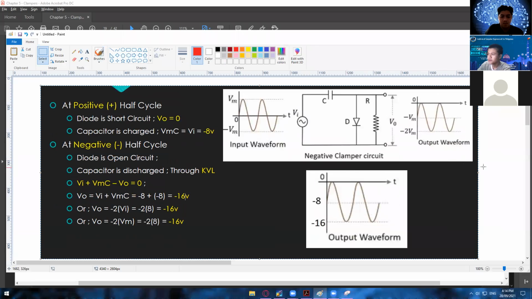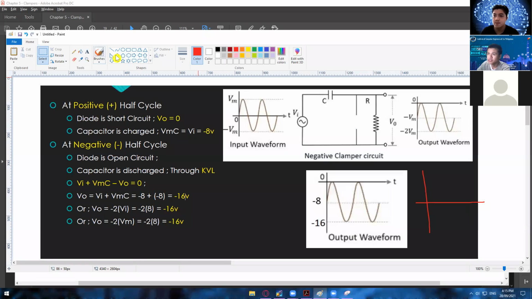All right. So, sir, what will happen if we started with negative upcycle? Okay. So, like what I said a while ago, if we have this kind of output, initially, if we have negative upcycle, this will become a reverse bias, right? And this will become open circuit.